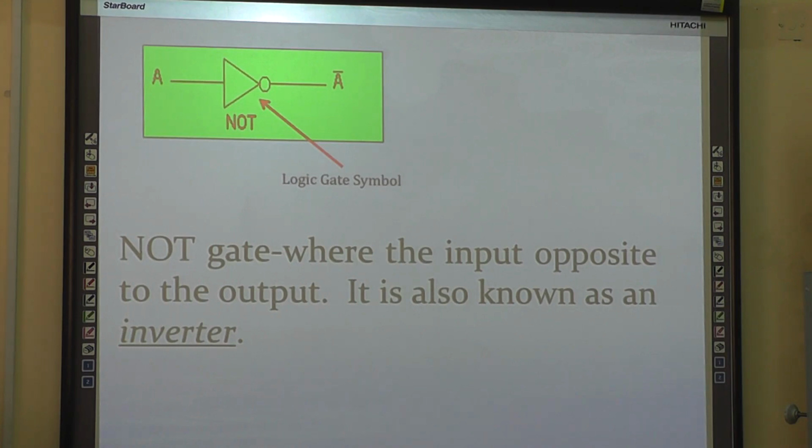It has only one input. It reverses the logic state. For example, if the input is 1, therefore the output is 0. If the input is 0, the output is 1. Okay? So we are just inverting the input.